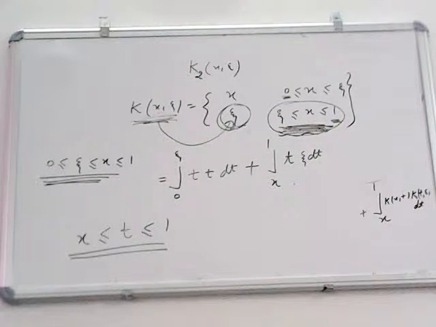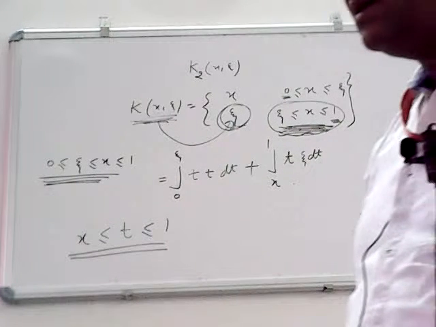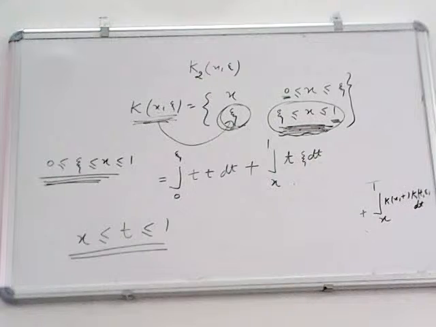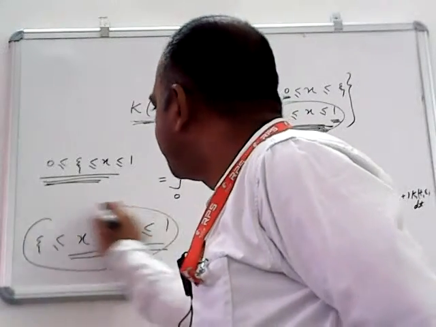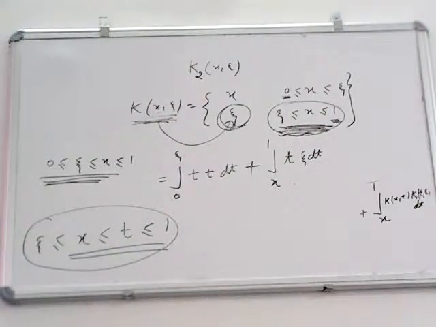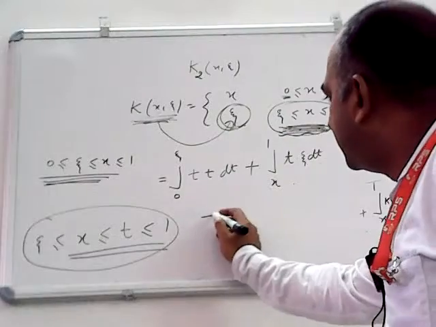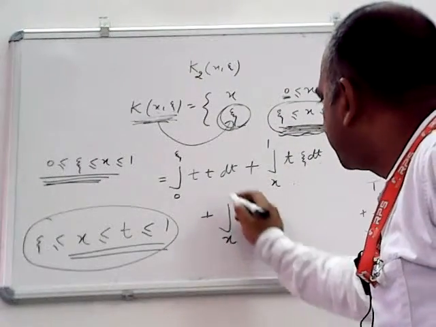And we have already discussed, we have taken the case when x is greater than or equal to xi. We are going to discuss this case. So we will have x is greater than or equal to xi. So in this particular third integral, we are discussing this case. So the third integral, that is from x to 1.